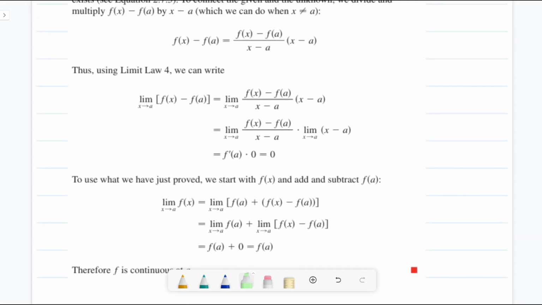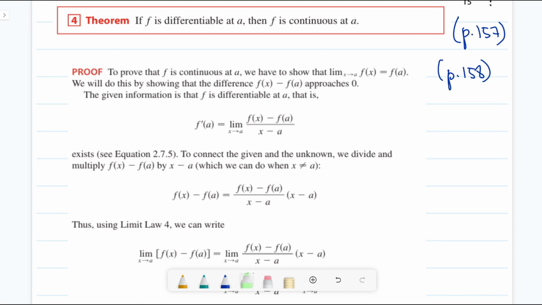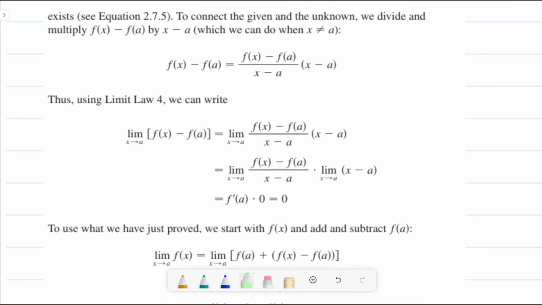Now let's continue. What we wanted to do from the start is prove that the limit of f of x as x approaches a is f of a. This is not what we found. We found the limit of f of x minus f of a as x approaches a to be 0.